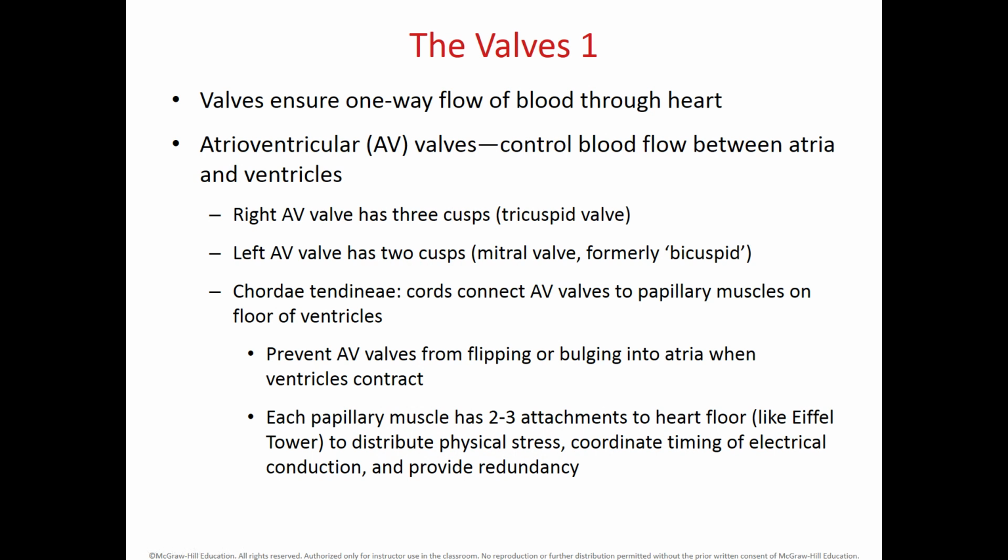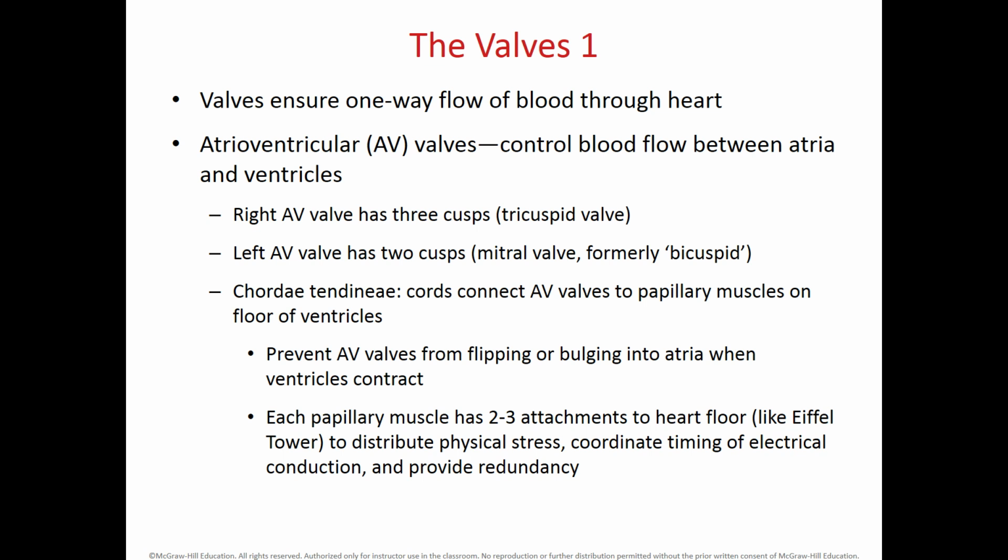So let's talk about some details of the valves. The function of the valves will be to make sure that you have one-way flow of blood through the heart, always forward. The atrioventricular valves, or AV valves, control the flow of blood between the atria and the ventricles.